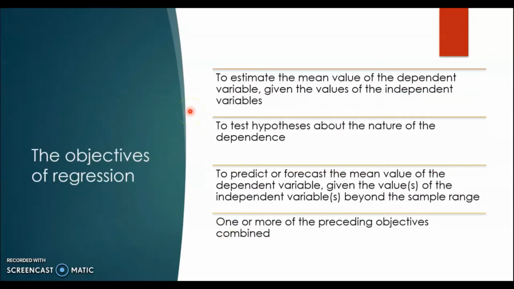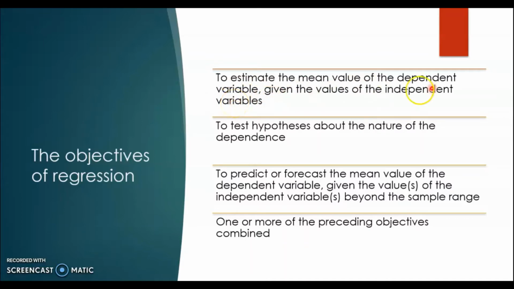So the regression analysis may have one of the following objectives. First is to estimate the mean or average value of the dependent variable given the values of the independent variables.